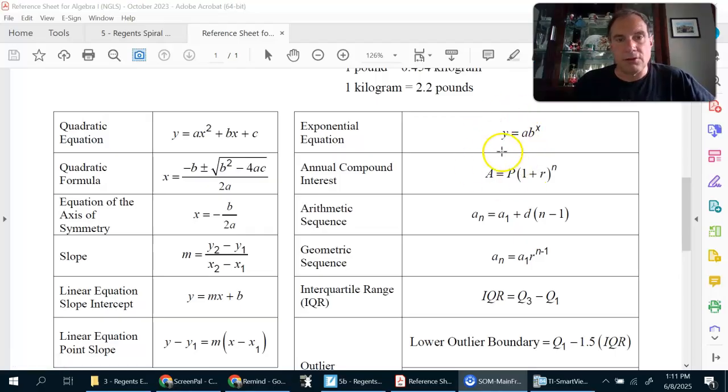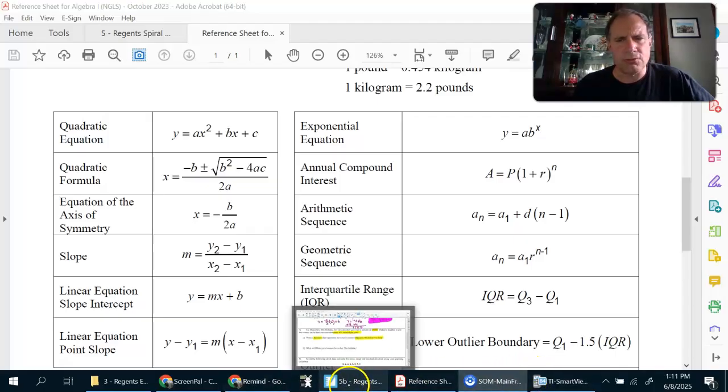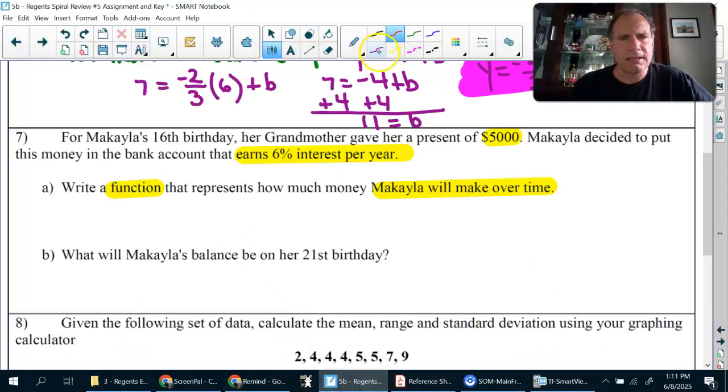So you go to your reference sheet. You see this reference sheet right here? A equals P times 1 plus R to the N. So we're going to write that down.